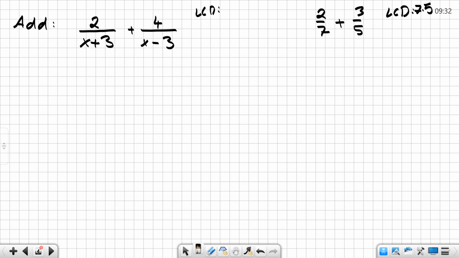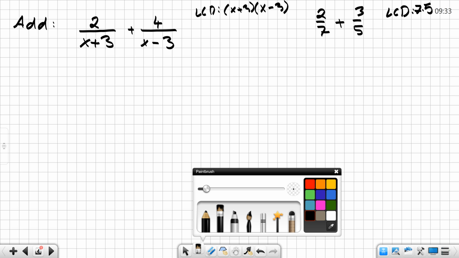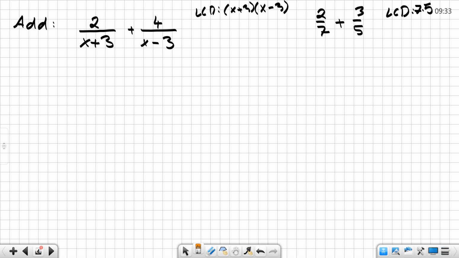The same thing works in this case. The LCD is just x plus 3 times x minus 3. You just multiply them together. And if I understood this, then I'm doing the exact same thing as before. I take my first fraction and I introduce the factor that is missing, x minus 3, top and bottom, and in my second fraction the factor of x plus 3 was missing.